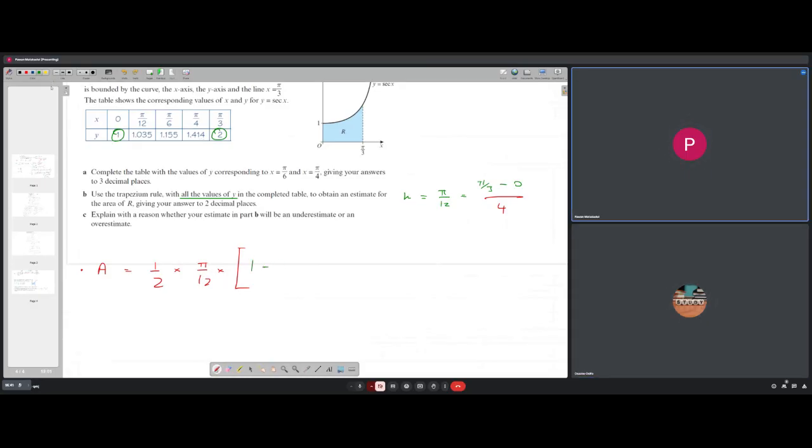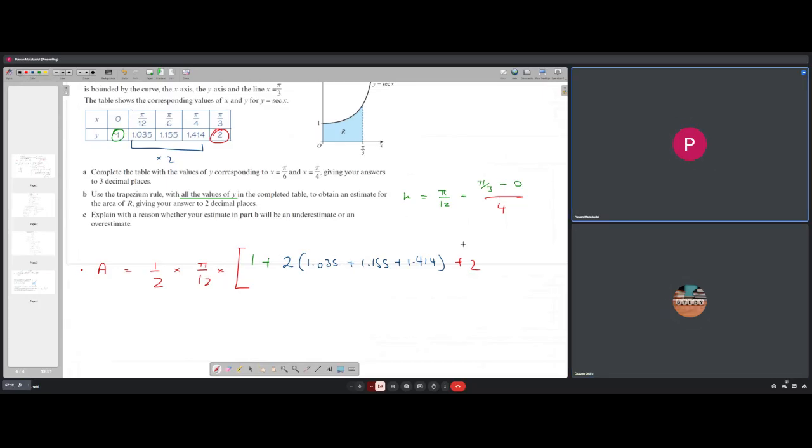Or what you can do is just remember it like this. You can think of it as the first value plus 2 times all of the values in between. So you're going to do plus 2, and then you're going to put brackets 1.035 plus 1.155 plus 1.414. Okay? So you're adding all of the values in between, and then multiplying that by 2 at the end.